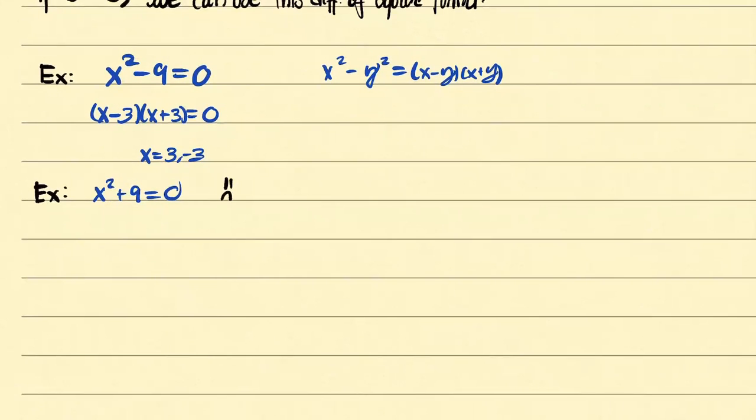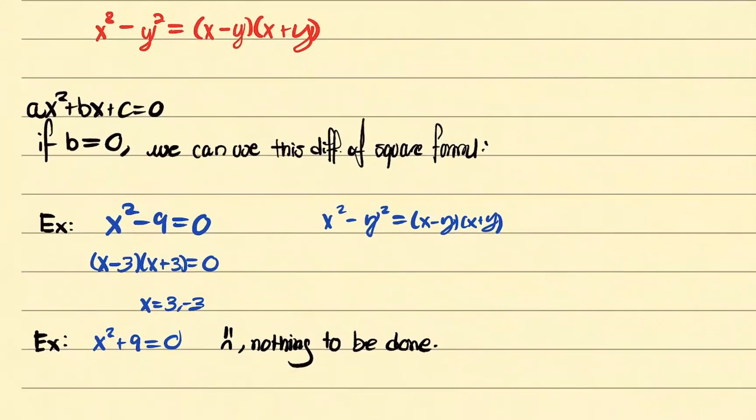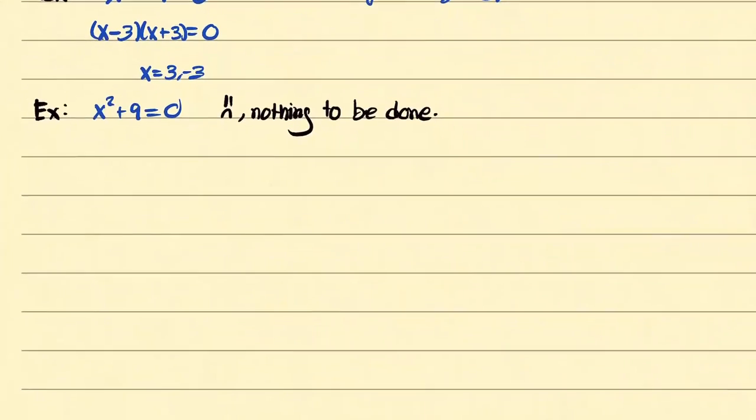So you're out of luck. So remember, this is a difference of squares formula. If your equation is not a difference, there's no way you can apply the difference of squares formula. Let's try another example.